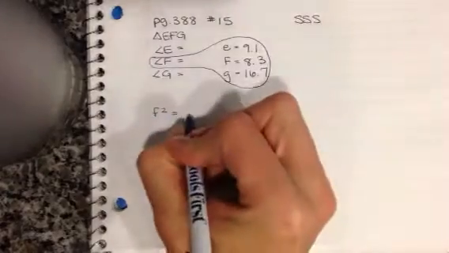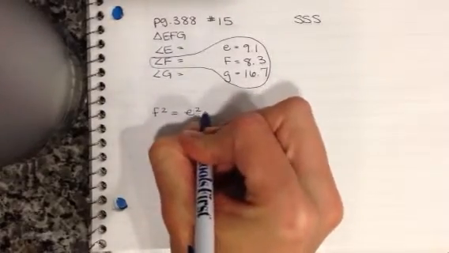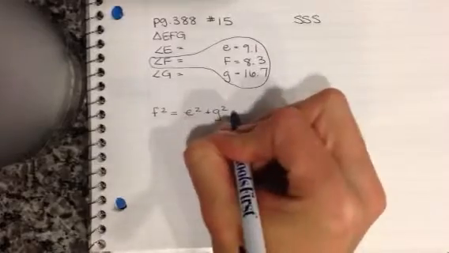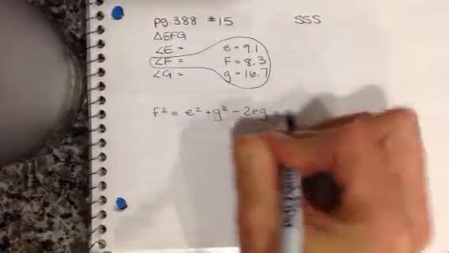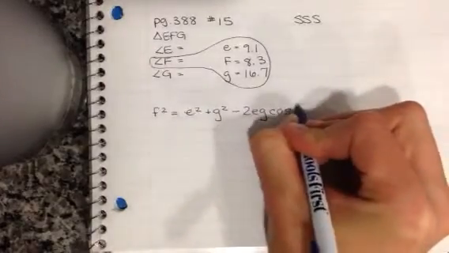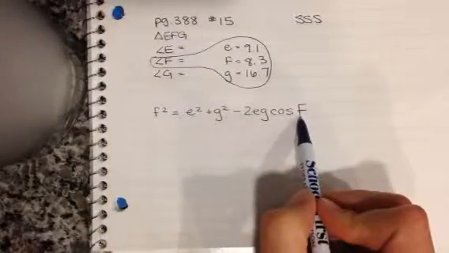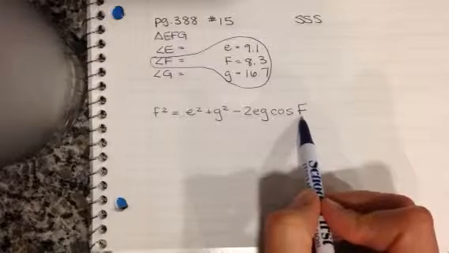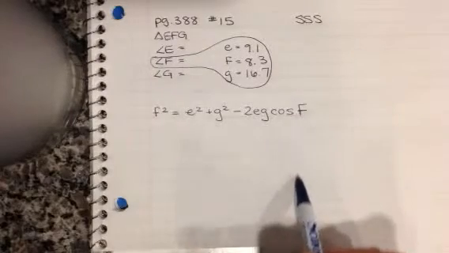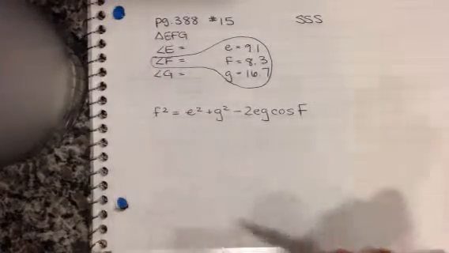So remember, the law of cosines: f squared equals e squared plus g squared minus 2eg cosine of f. This is what I'm going to be looking at here. So I'm not going to have anything written in for that f. That's going to stay the same at the end over here, and then I'll solve for it.